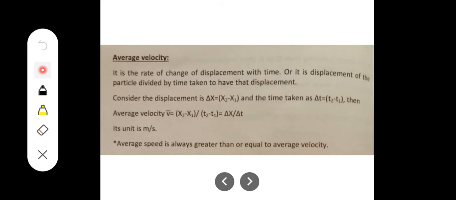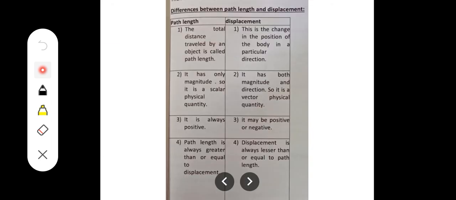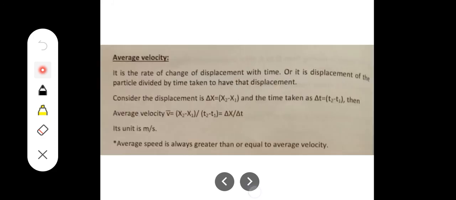Displacement is the shortest distance, as we have seen. So displacement is always less than or equal to path length, or path length is always greater than or equal to displacement. By the same relation, average speed is always greater than or equal to average velocity. This point you have to remember.